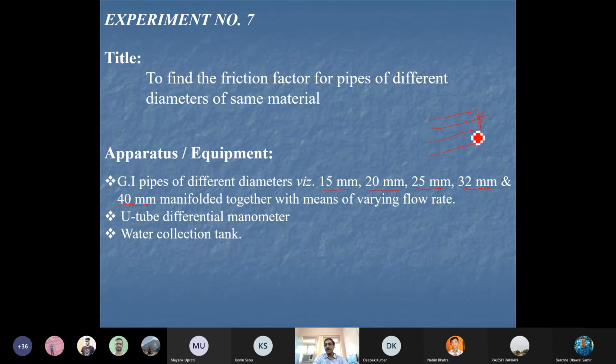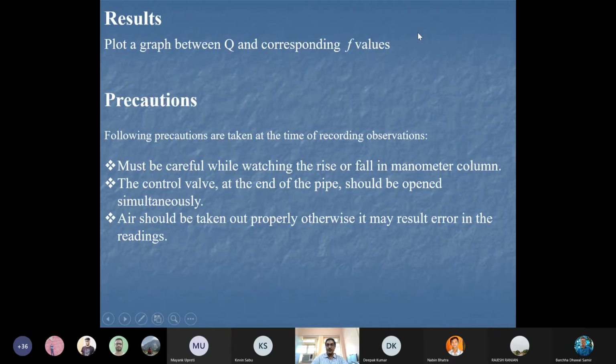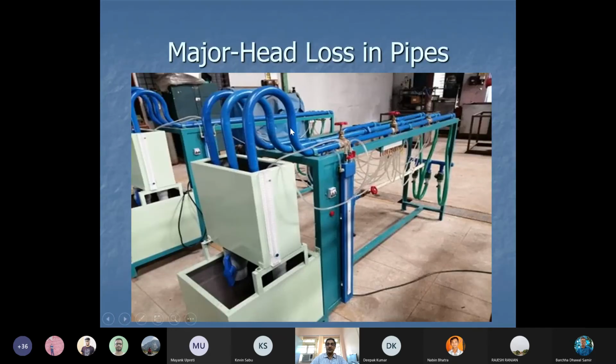Suppose these are the pipes connected from a supply pipe, and this is the water supply. At the outlet, they are connected in such a way that we measure the discharge from each individual pipe. I can show you one figure relating to this.